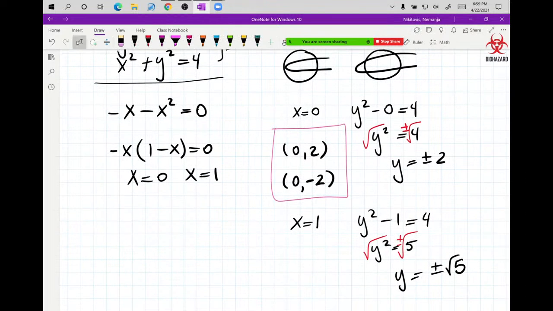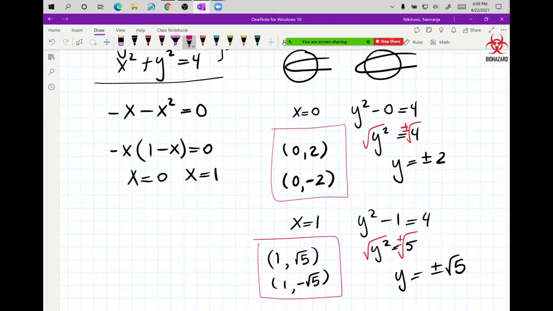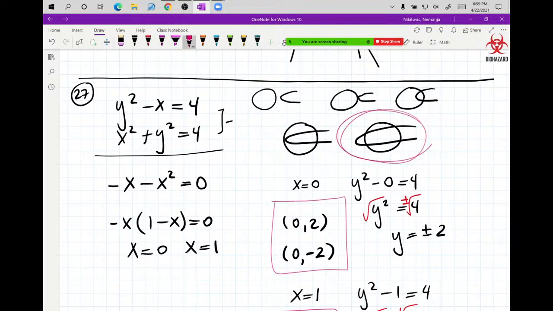That gives us 1, root 5 and 1, negative root 5. We have 4 solutions, which means that they intersect in this fashion here with 1, 2, 3, 4 solutions.